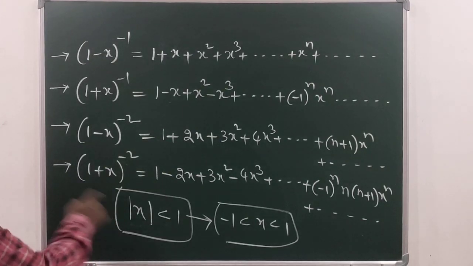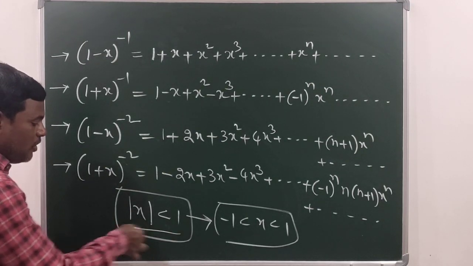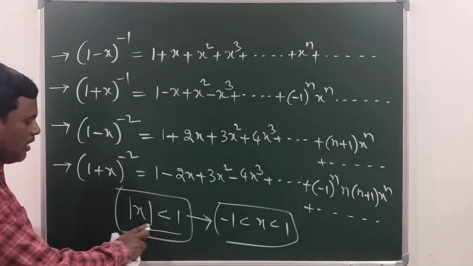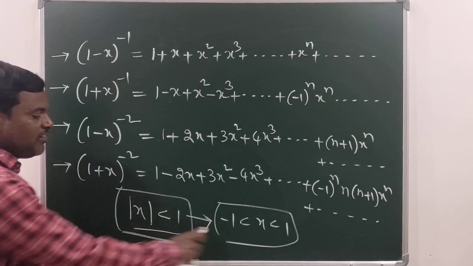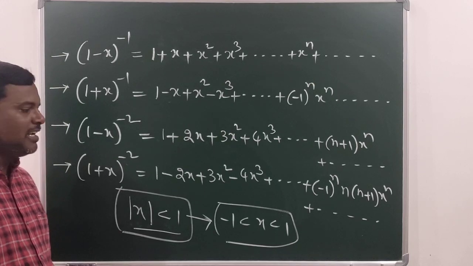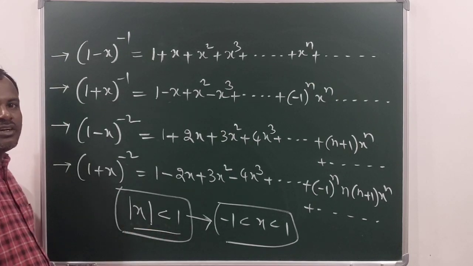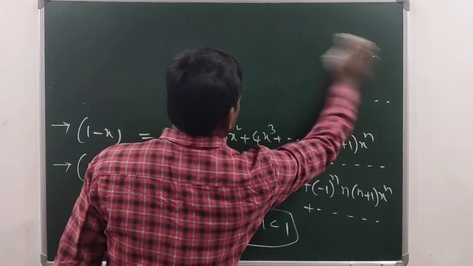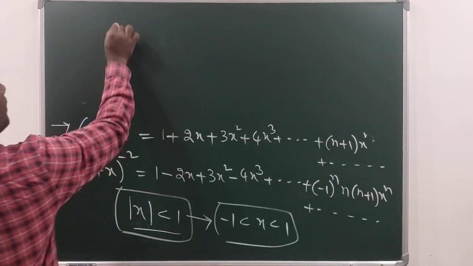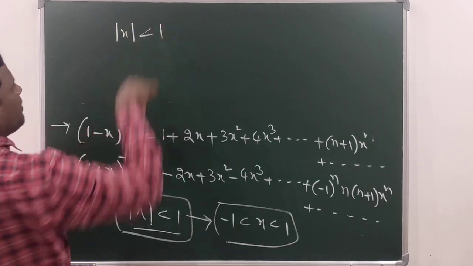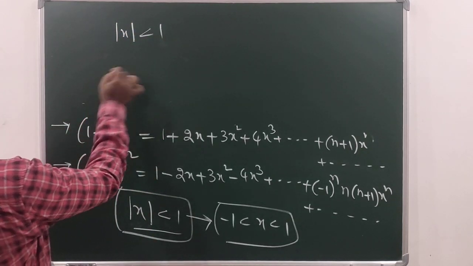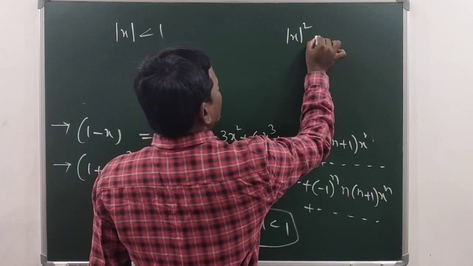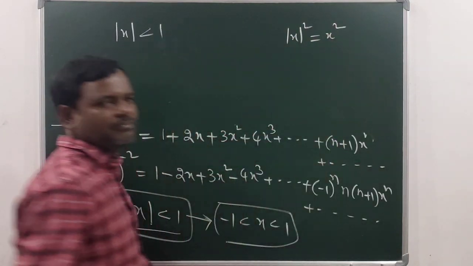Okay, so I will solve this modulus inequation. If you want, I can explain how the solution of this inequation is minus 1 less than x less than 1. Let us see this solution set. See students, mod x less than 1. Now square on both sides. Mod x square can be written as x square.